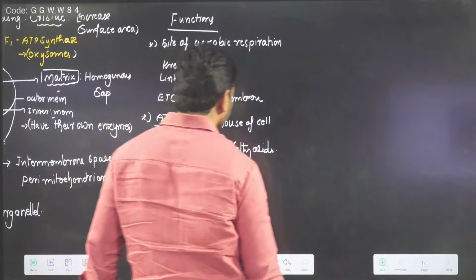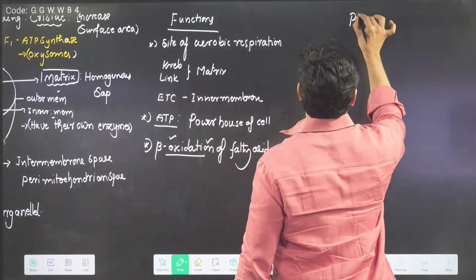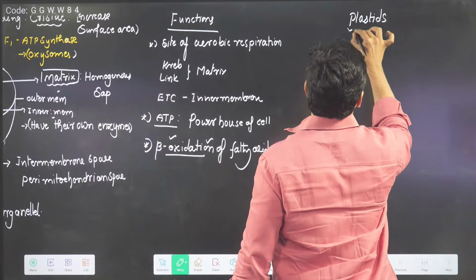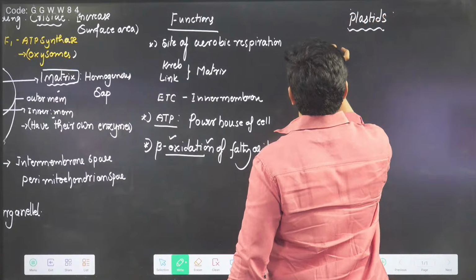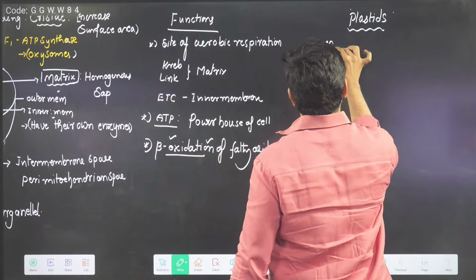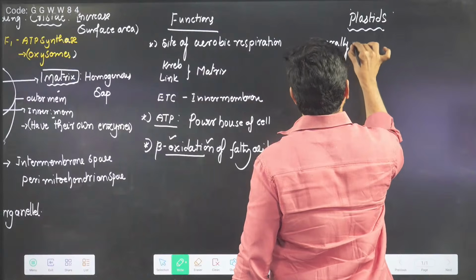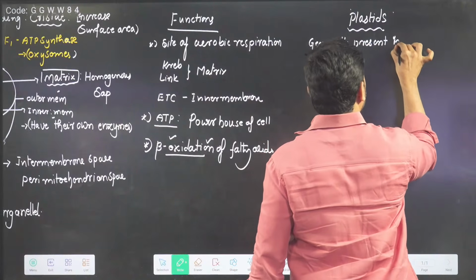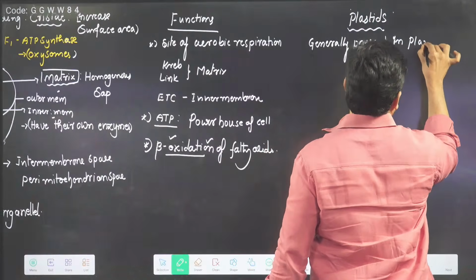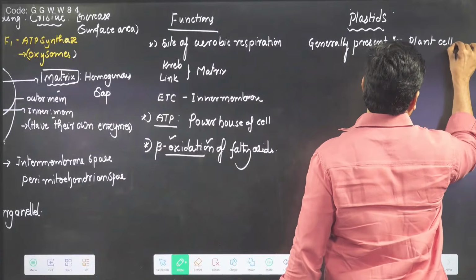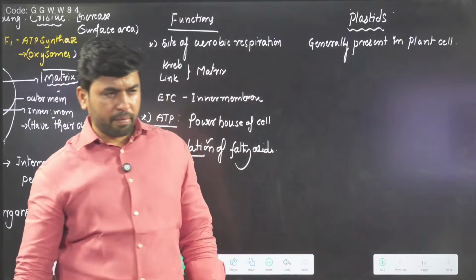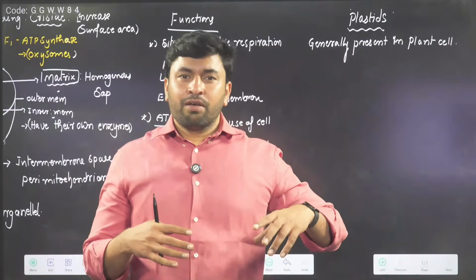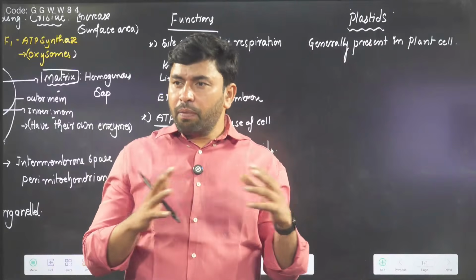Next one, go to plastids. What are they? Plastids are generally present in plant cells. Not all plant cells. They have given in NCERT book the words like this: plastids are found in all plant cells.